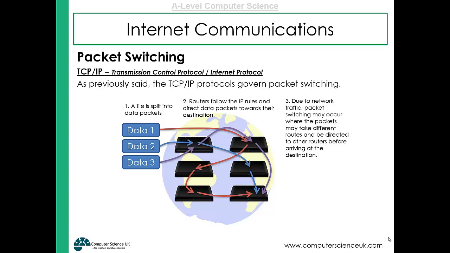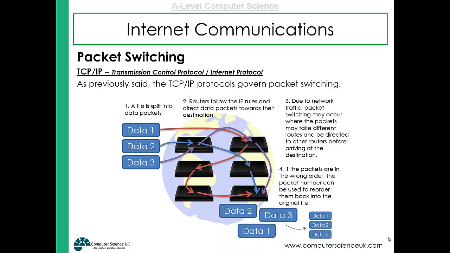Data packets might take different routes and be directed to other routers before arriving at the destination computer. If the packets are in the wrong order, the packet numbers can help the destination computer reorder them and piece back together the original file. So packet switching ensures that data gets to its destination as fast as possible. This may not be the shortest distance, however.